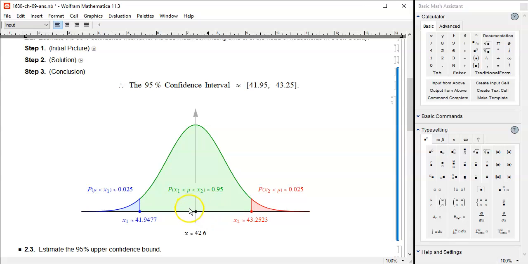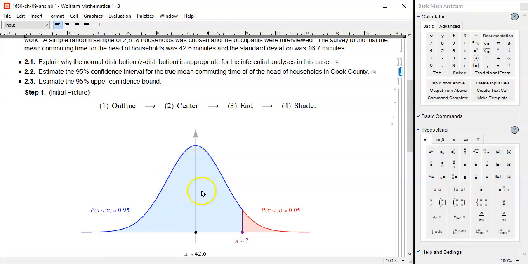Compare this with the previous picture. 95% in the middle, so 5% must be shared by left and right: 2.5% here, 2.5% there. Not this time. 95% here and 5% goes over here.